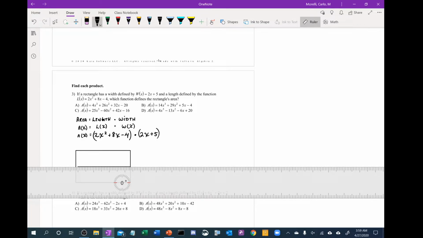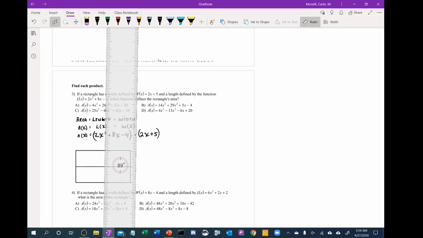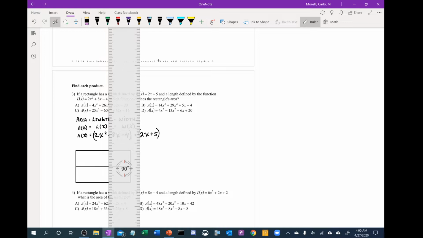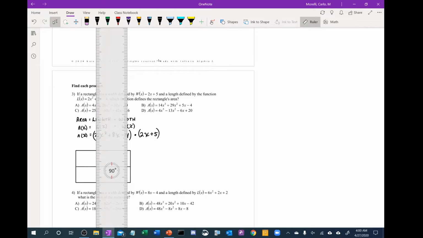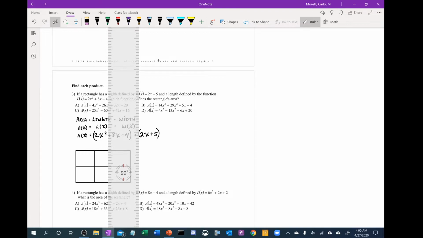So here goes our 2 rows. And let's spin this guy to 90 degrees. There we go. And we're going to make 3 columns. So we just have to draw 2 vertical lines to make 3 columns. There's 1, and here's 2.